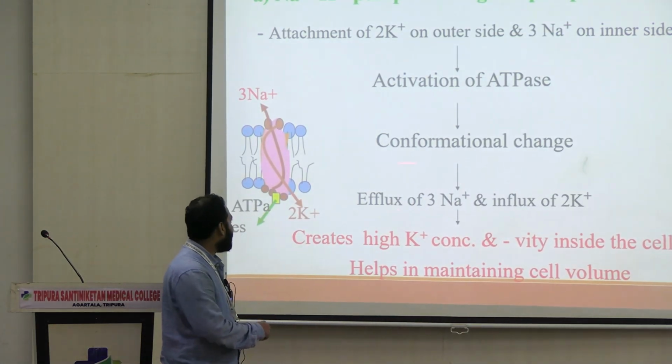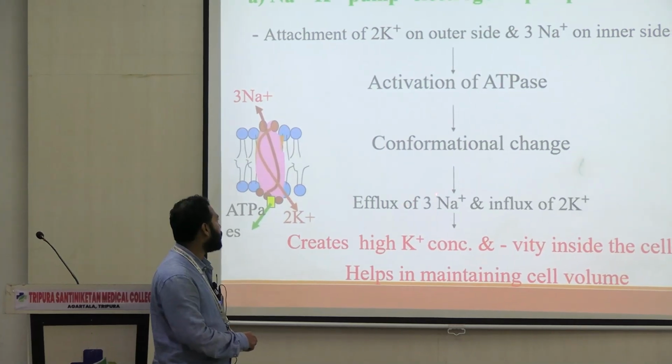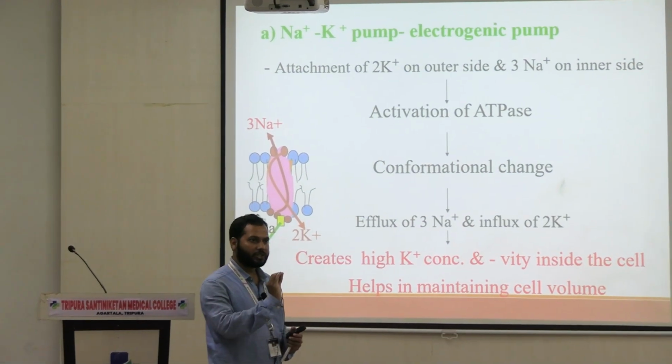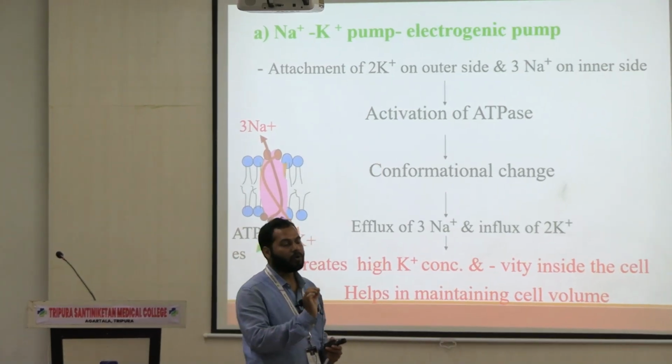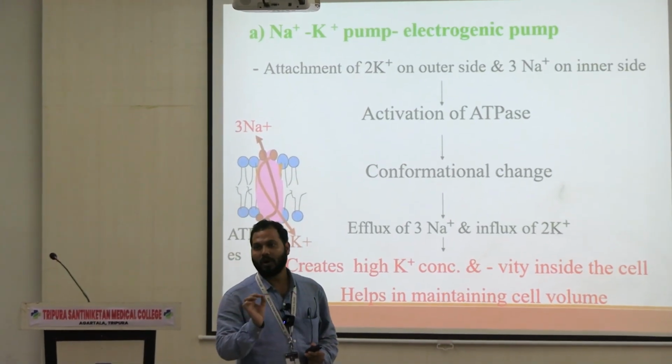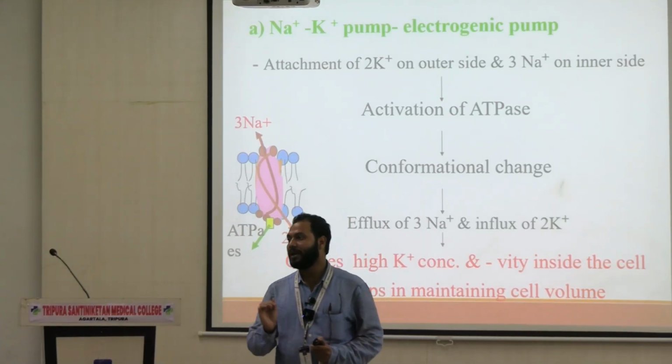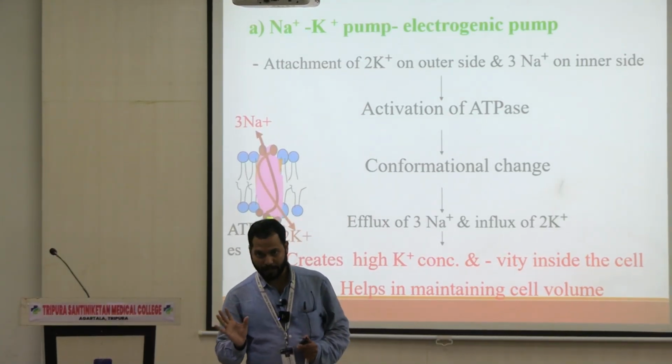That actually helps in the efflux of 3 sodium ions and influx of 2 potassium ions. This is just a general mechanism of how the sodium-potassium exchange pump acts as a primary active transporter, right?